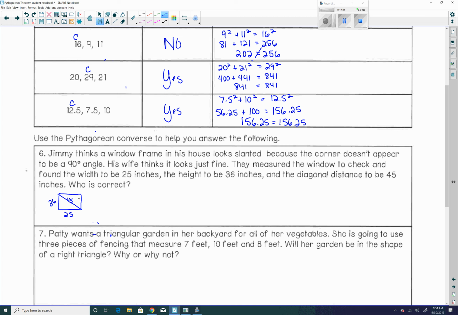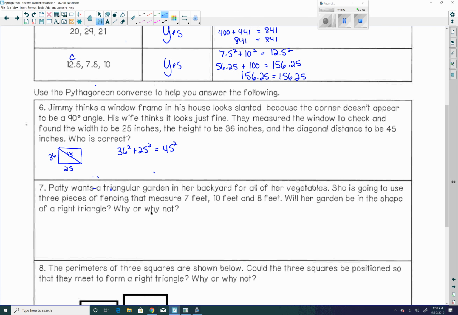So that diagonal, that 45, is going to be my C side. So we'd set this up as 36 squared plus 25 squared. Does that equal 45 squared? Because we're starting to run tight on time, I'm going to have you work that one out and determine who's right, Jimmy or his wife, and we'll check it in class next time.